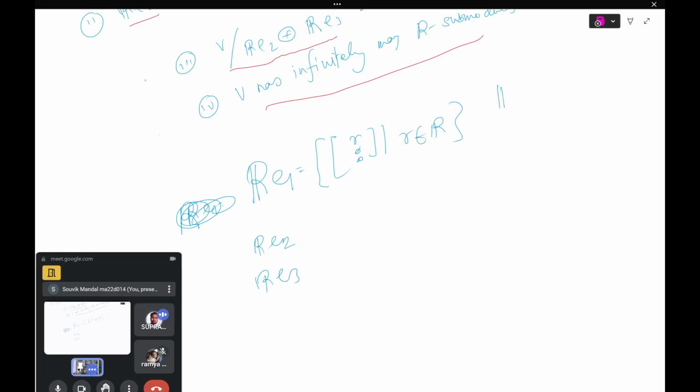And it is clear that all three things RE1, RE2 and RE3 are submodules.